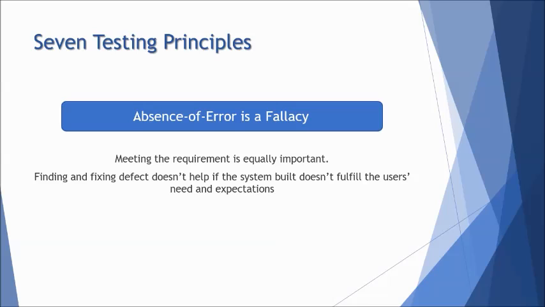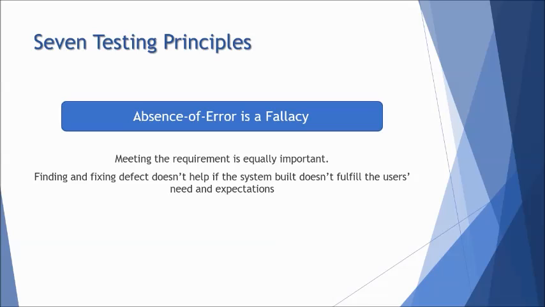Last but not the least, absence of error is a fallacy. Generally, you may conduct executions, run different test cases, find n number of defects and fix them. Now, of course, finding and fixing the defects may not be useful if at the end the product is unuseful to the customer or the end user.